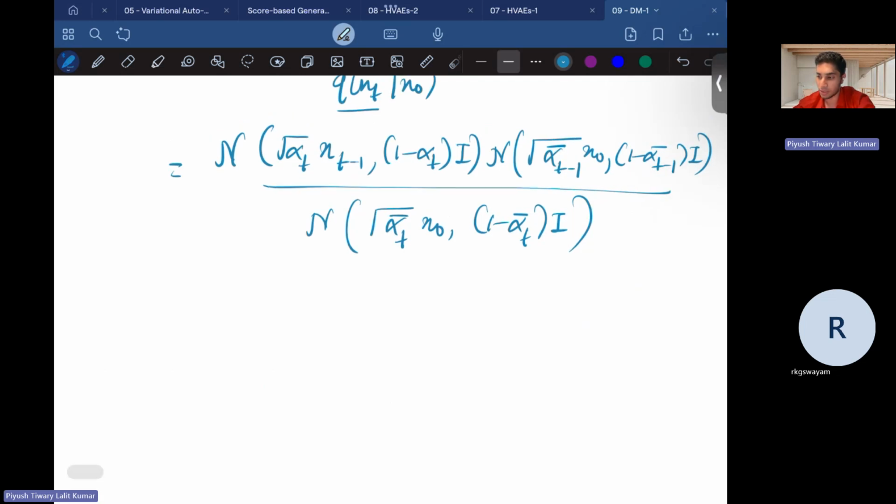Nothing fancy, I've just written down the distributions.